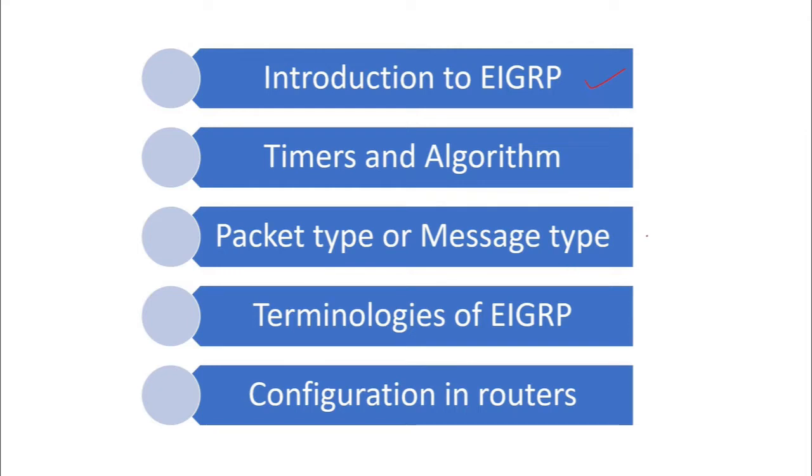After that we will discuss the packet types or message types. What are the different packet types? They are basically used to build the topology. This is a very important part, messages, because that's how we know about the behavior of our routing protocol.